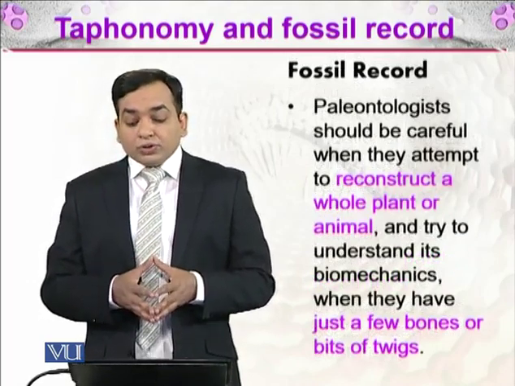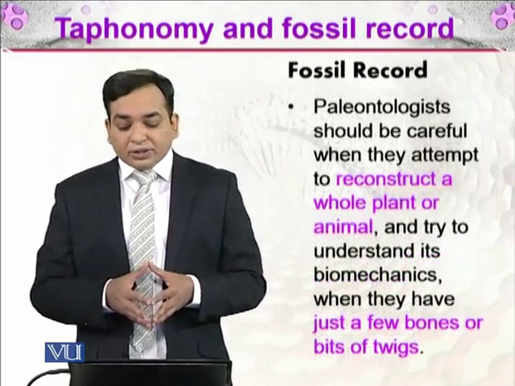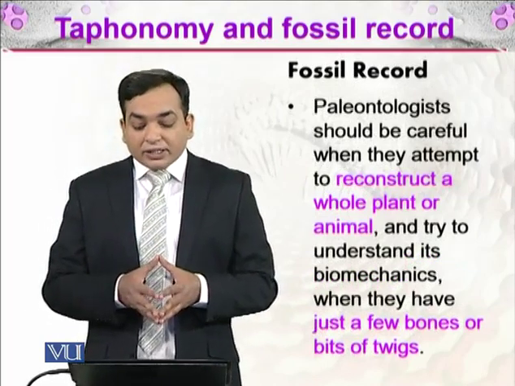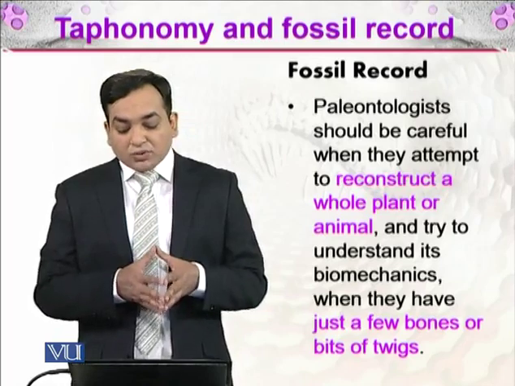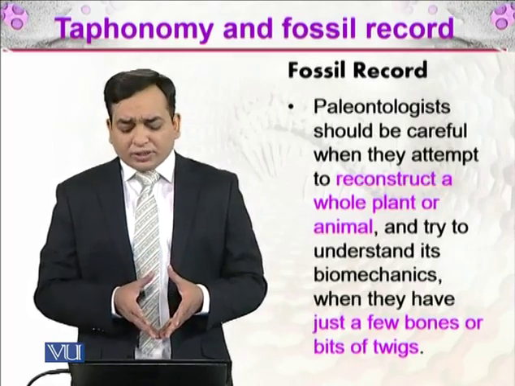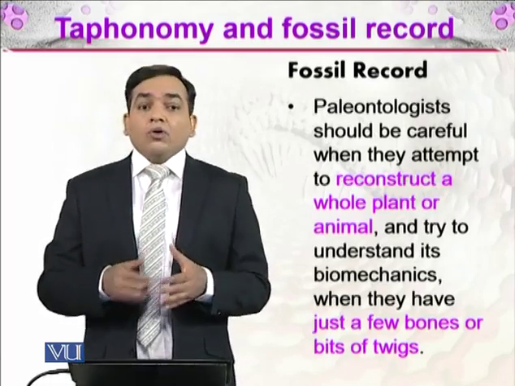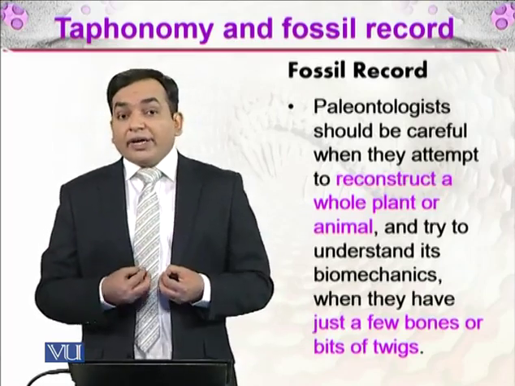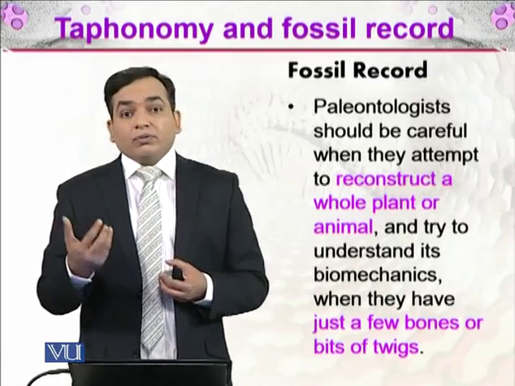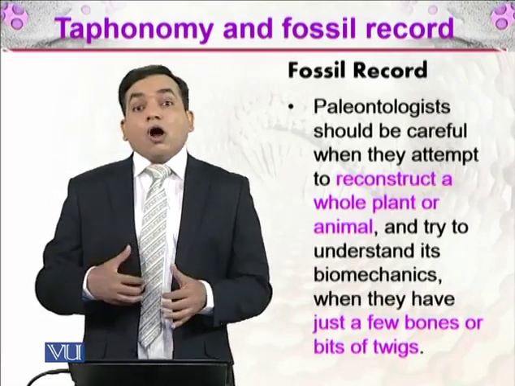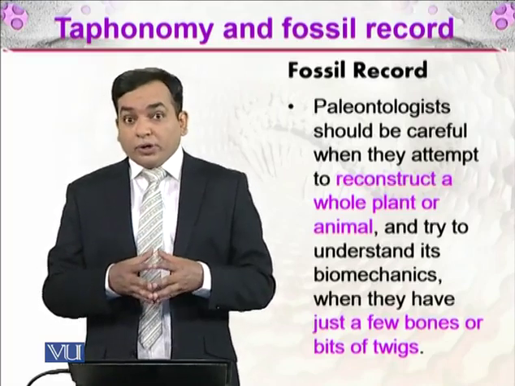Paleontologists should be careful when they attempt to reconstruct a whole plant or animal and try to understand its biomechanics when they have just a few bones or bits of twigs. Biomechanics is a field related to how an organism walks. Say I have a particular bone of a dinosaur, and I am trying to assess how that dinosaur walked.